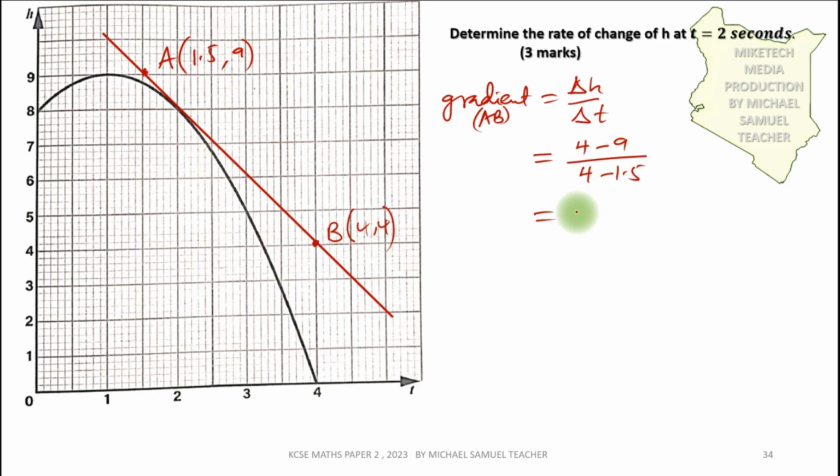Therefore this will be minus 5 divided by 4 minus 1.5, that is 2.5. If we divide minus 5 by 2.5, we get minus 2, and this is meters per second. So that is the rate of change of h at t is equal to 2.